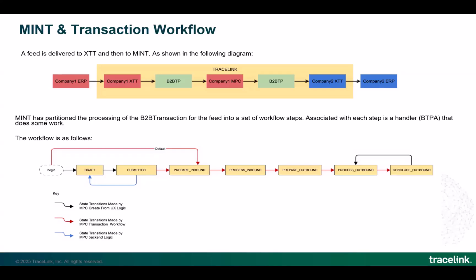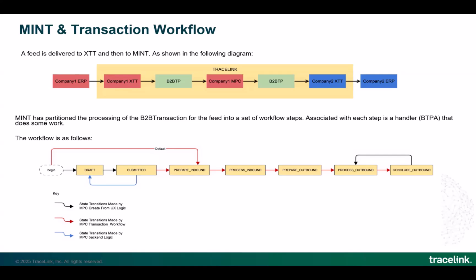Now, if you see the diagram below, this is the workflow. The workflow state starts from begin, and then you see one arrow from begin goes directly to prepare inbound. I'll explain in some time what these different steps are. But there is another arrow that starts from begin, goes to draft, to submitted, and then eventually to prepare inbound. Once prepare inbound happens, there is a step called process inbound.